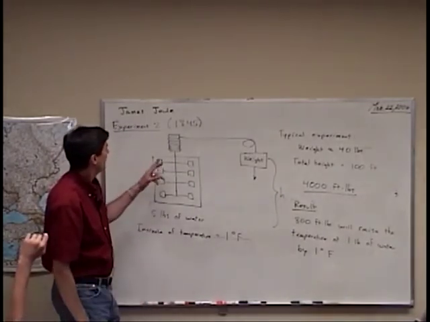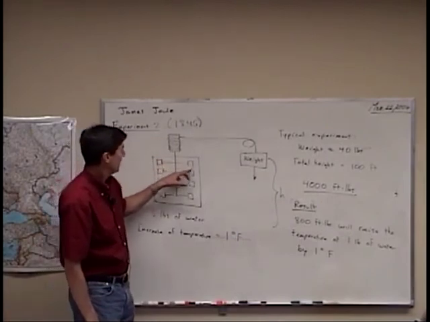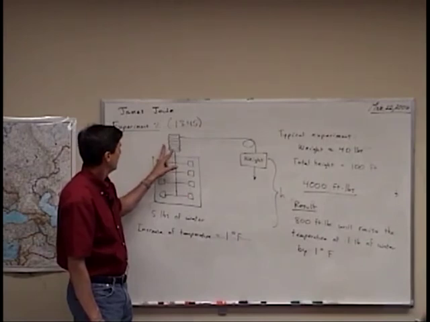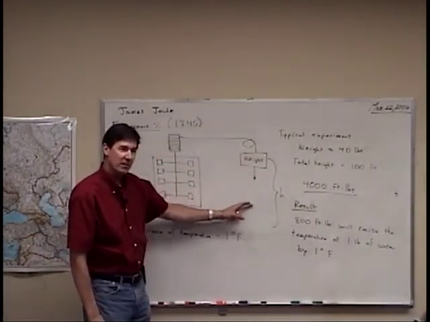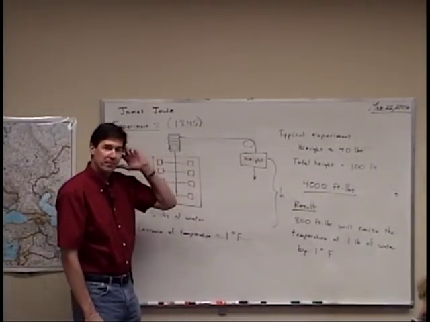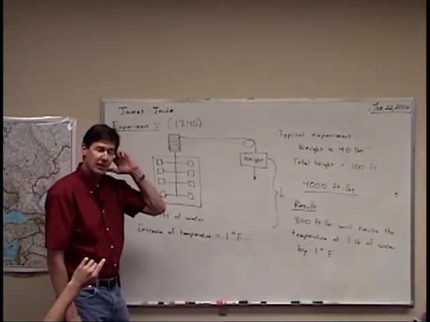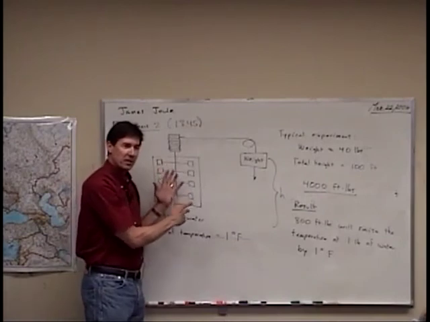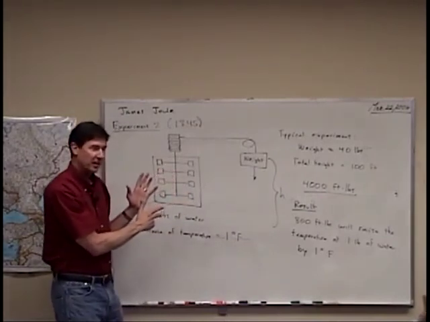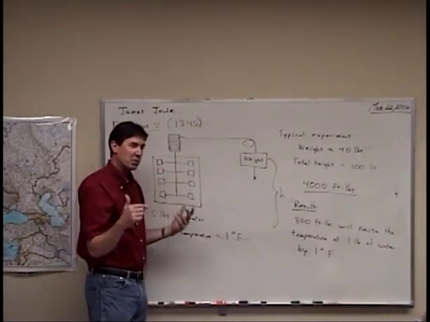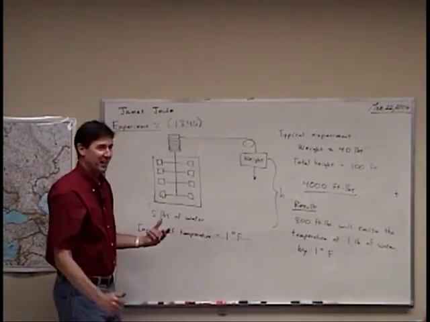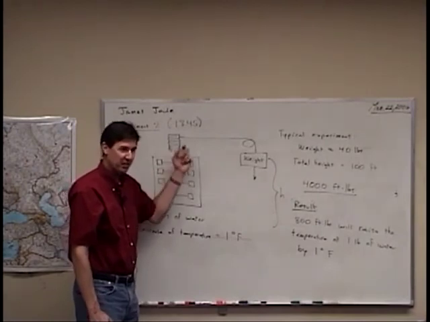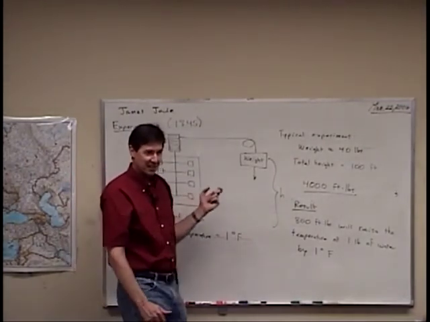Yeah, now, again, that's going to be like changing the size of these paddle wheels, that it'll make a difference on how fast this weight falls, but you're right. He should have made some of those adjustments to see if they make any difference. I don't remember reading that in his paper, but if he had made those kinds of changes, he would have found that they don't make any difference.